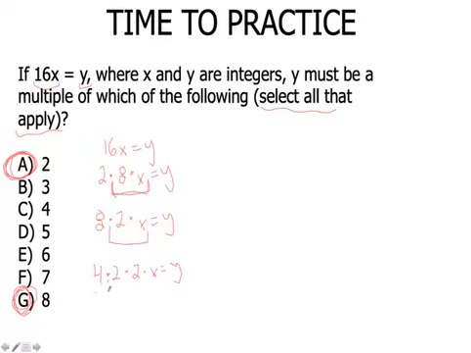So 4 times this whole unknown quantity right here is equal to y. Therefore, y is a multiple of 4. But I can't go any further than that, unfortunately, because if I break 4 down, it's only going to give me more 2's. And so the correct answers for this one are 2, 4, and 8.